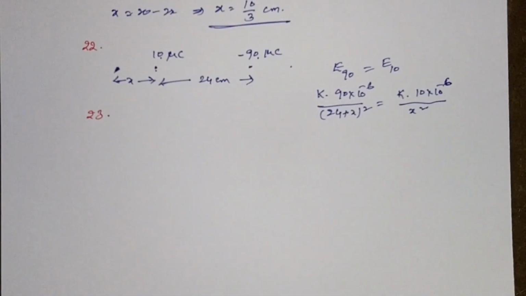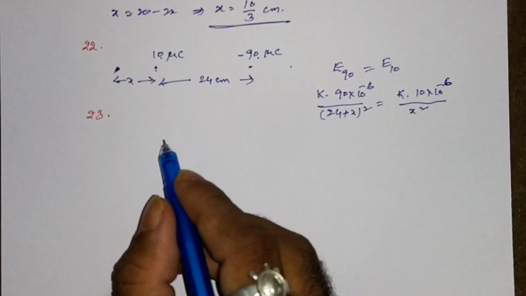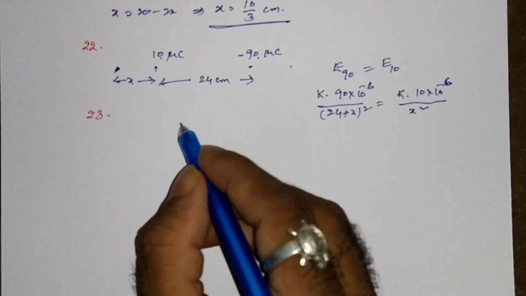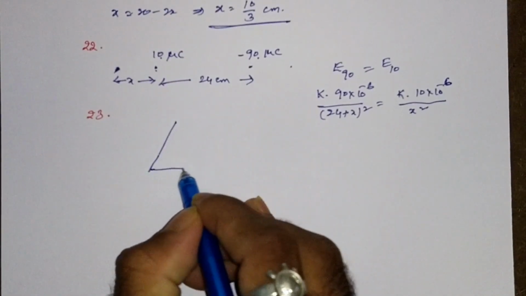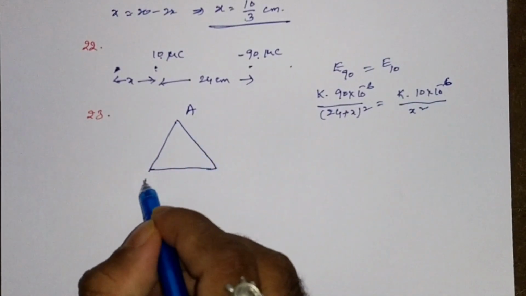Question 23: two electric charges, 10 power minus 9 coulomb and minus 10 power minus 9 coulomb, are placed at the corners A and B of an equilateral triangle ABC of side 5 centimeter. Let us take an equilateral triangle ABC.